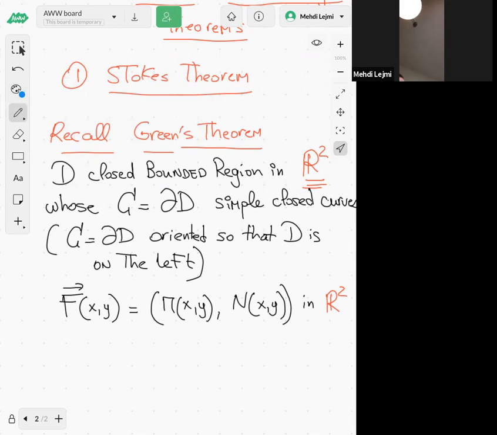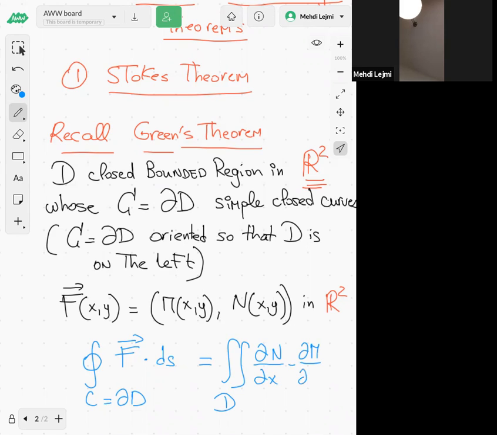It relates the vector line integral of F along the boundary to a double integral over the region D. The line integral is equal to the double integral over D of partial N, partial x, minus partial M, partial y, dx dy.